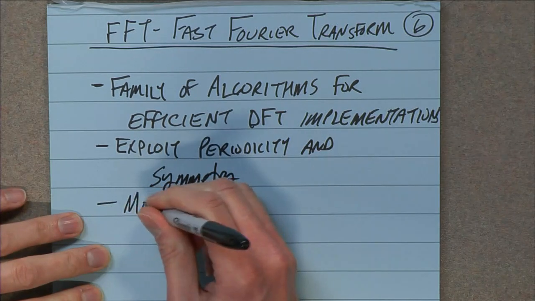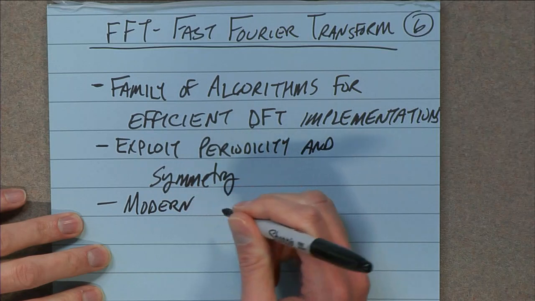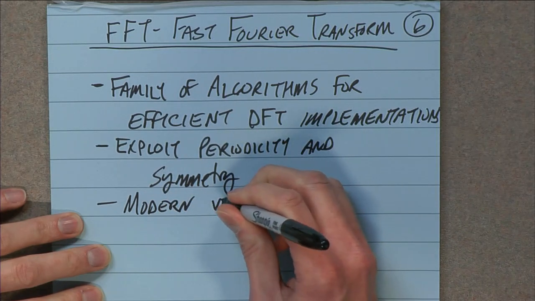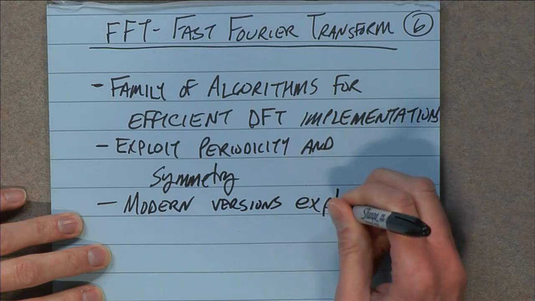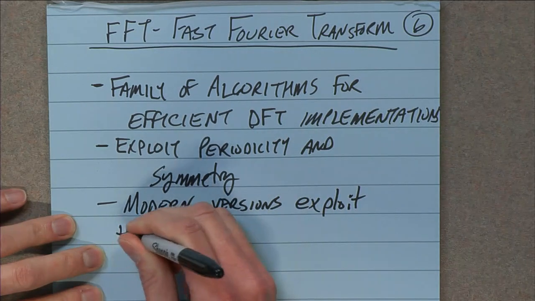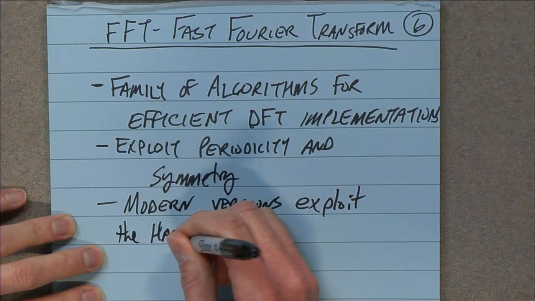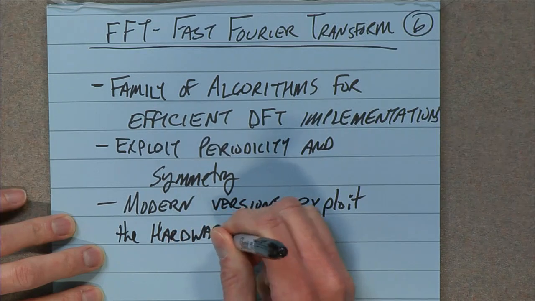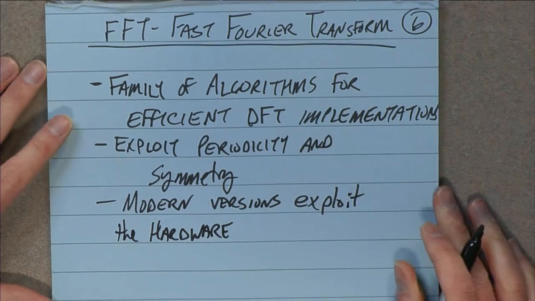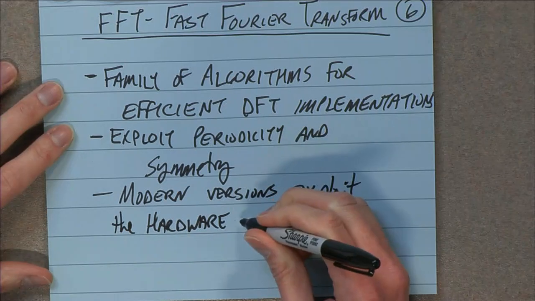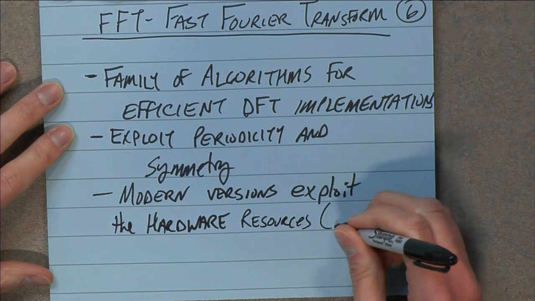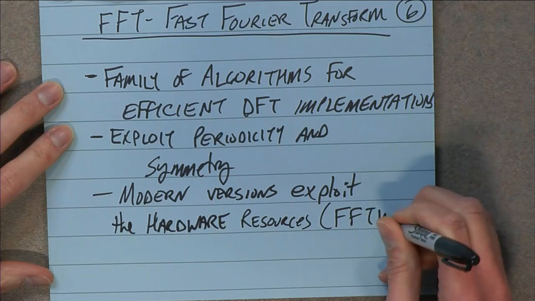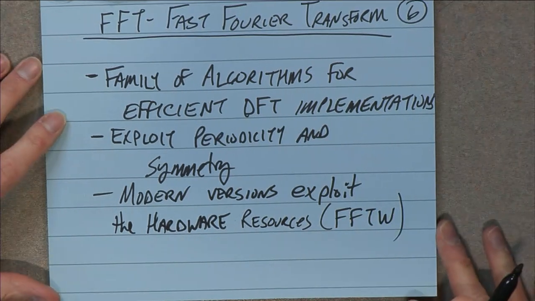And I think one of the more modern keys is that the modern versions pretty much exploit the hardware that you're using. So the hardware architecture and resources. So I'll just put hardware resources. And that's kind of the FFTW, fastest Fourier transform in the West. You can look that up.